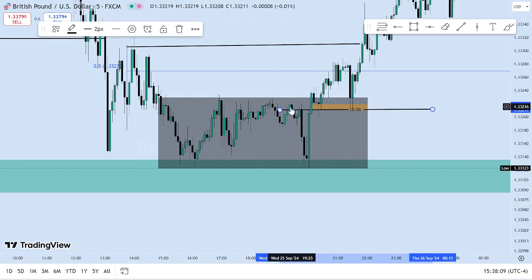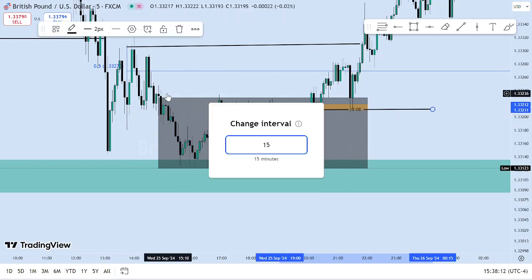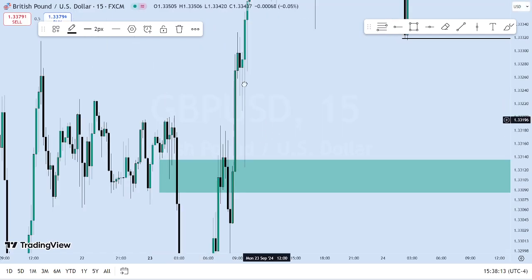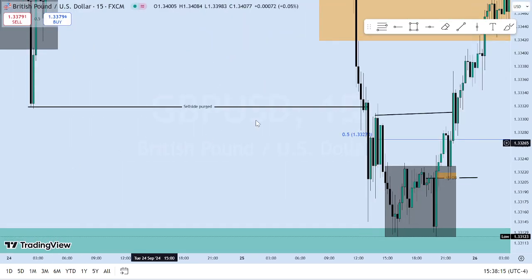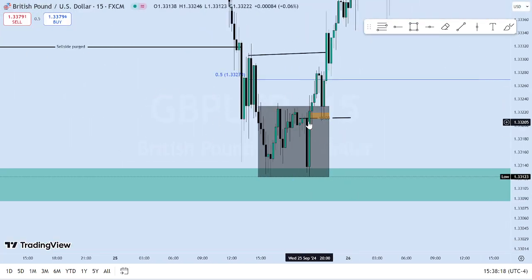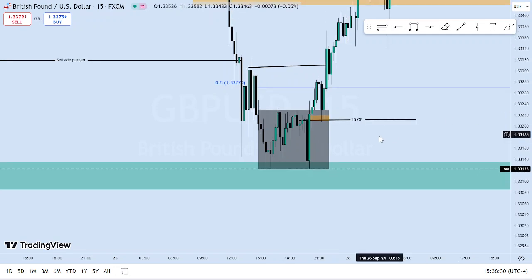Let me go back to show you. This candle, 15 minutes order block, last close candle. So it stands as our order block.